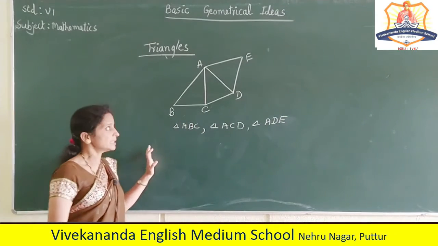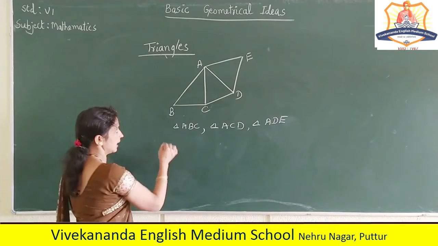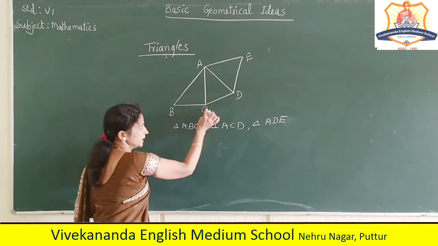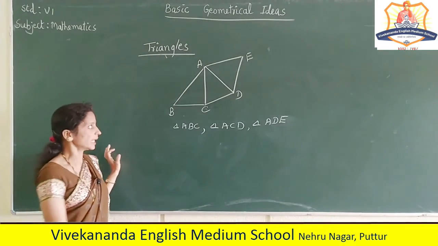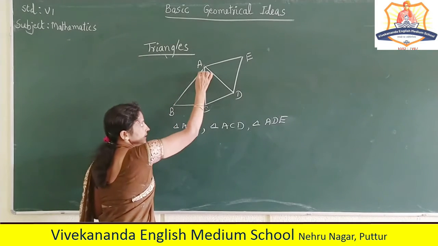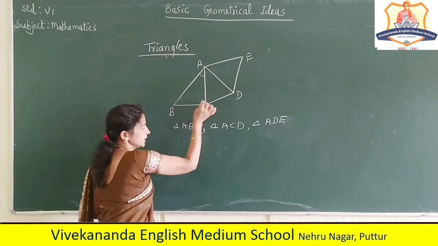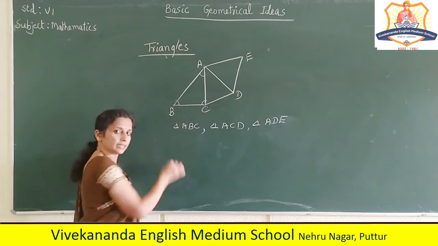So can you name its sides? The sides of the triangle ABC are AB, BC and AC. And the angles of that triangle are angle BAC, angle ACB, and angle CBA is the third angle.